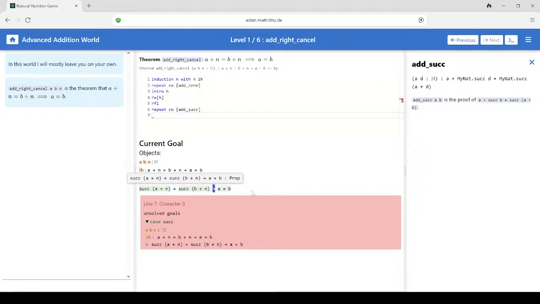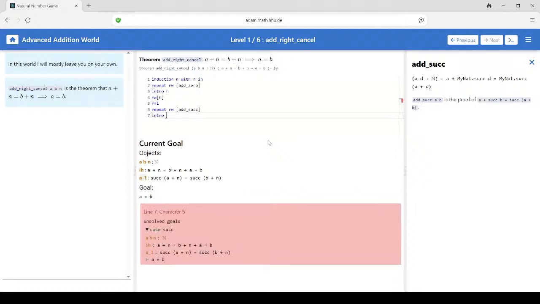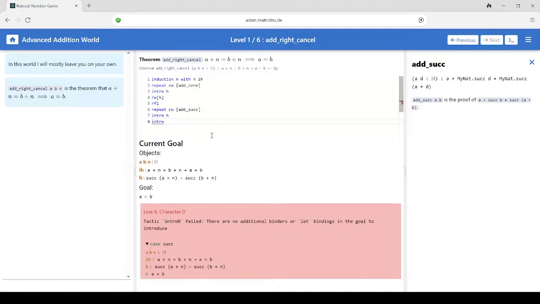Oh, we have this implies in here. Wait, now we have an implies in our hypothesis and in our... Can I intro H? Intro 4?